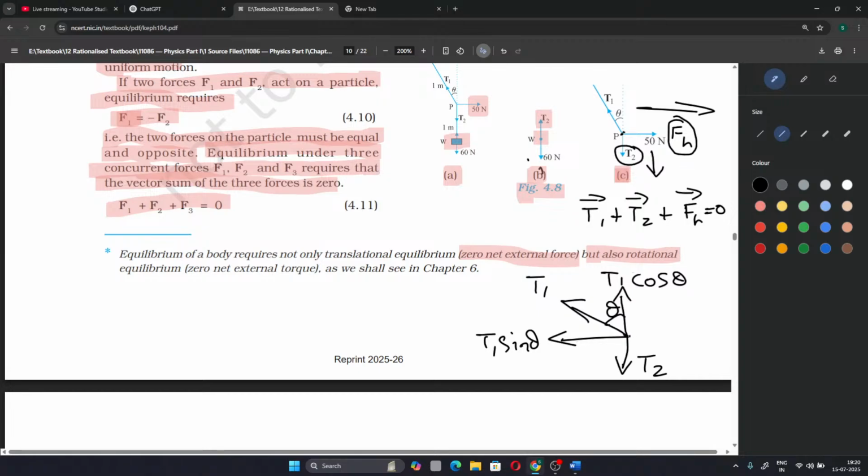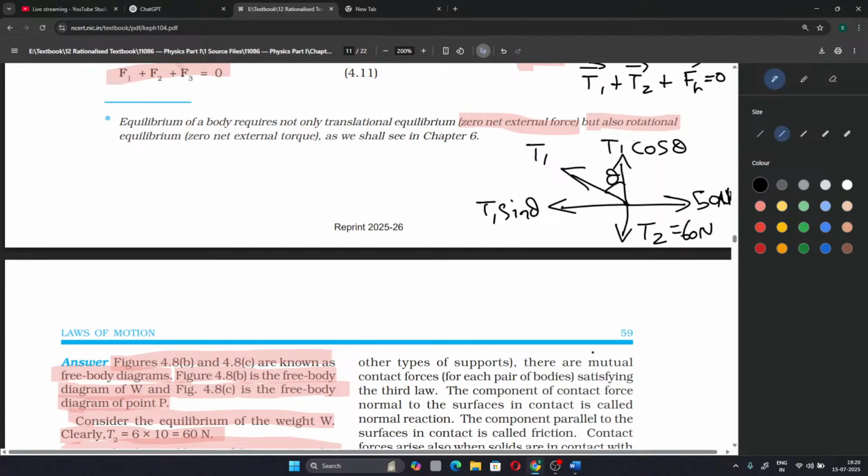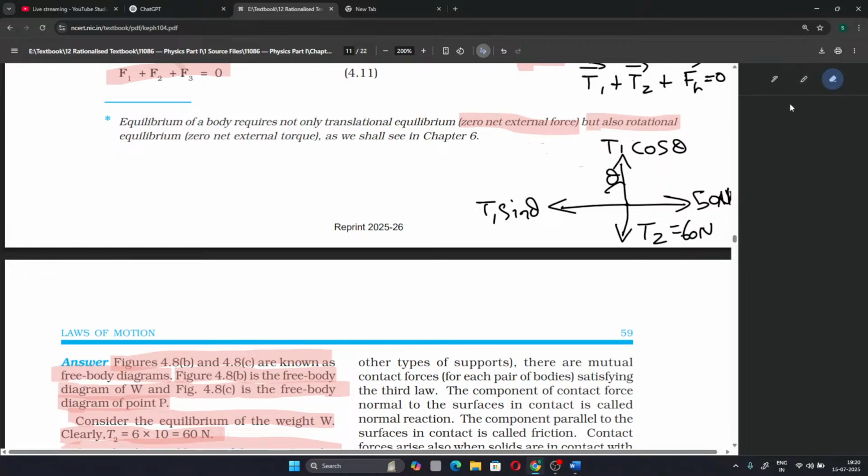So this is basically the free body diagram, 15 Newton, and this is equal to 60 Newton. 60 Newton and 50 Newton here. So there's a free body diagram here. From this free body diagram, if the body is in equilibrium, I will rub the T1 component here. Actually, I think for the angle, we need the T1 component, so I'll keep it like this.